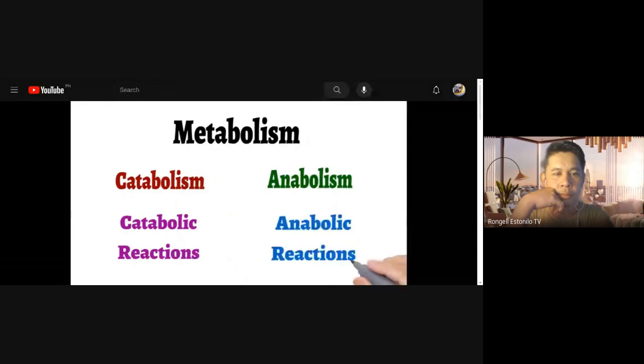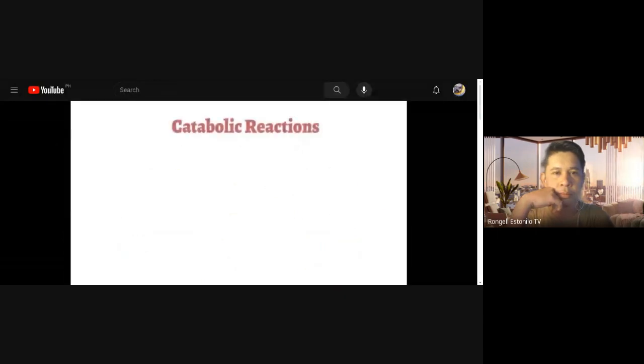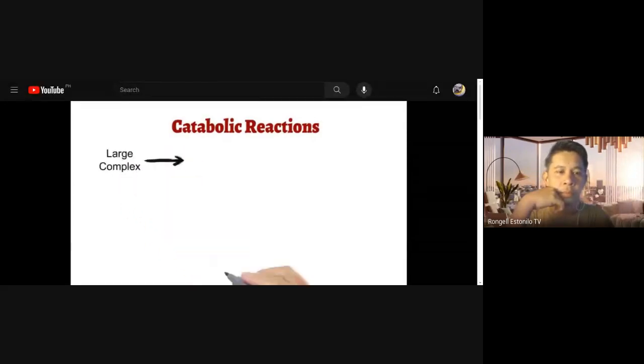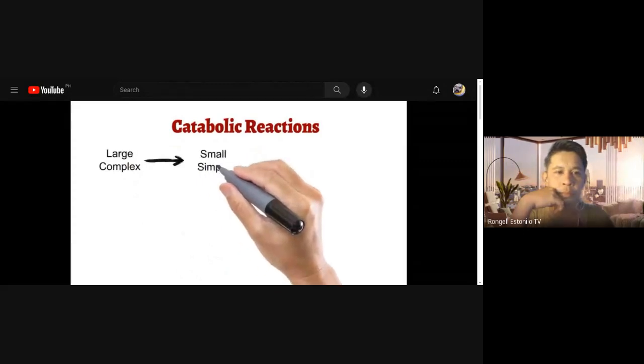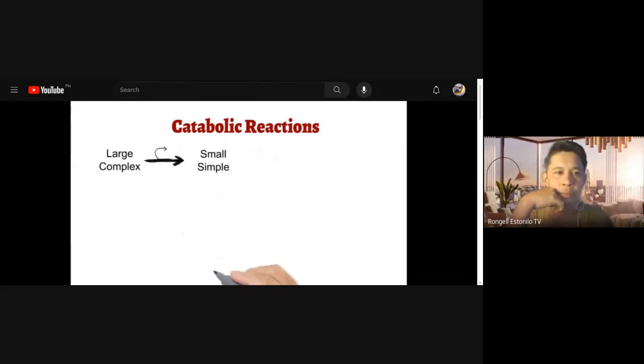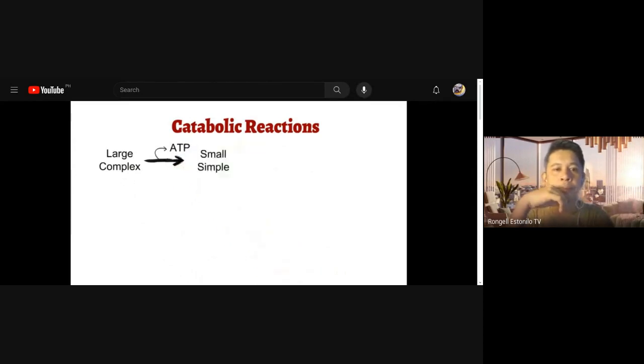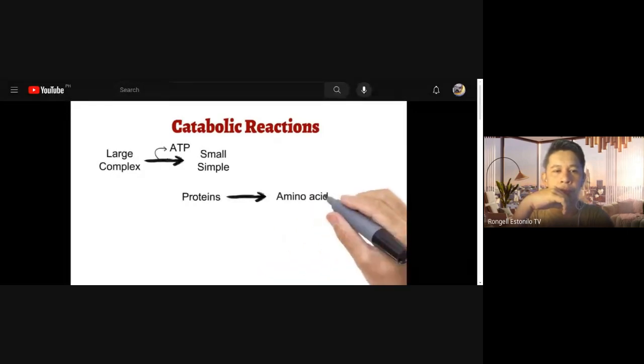Catabolic reactions are those in which larger and complex molecules are degraded into smaller and simple molecules, and during these reactions, energy is released in the form of ATP. For example, conversion of proteins into amino acids and conversion of lipids into fatty acids.